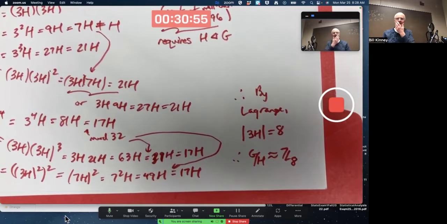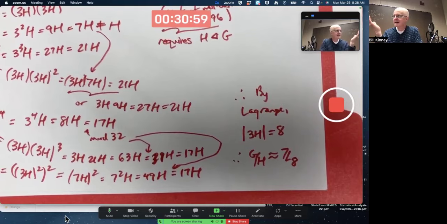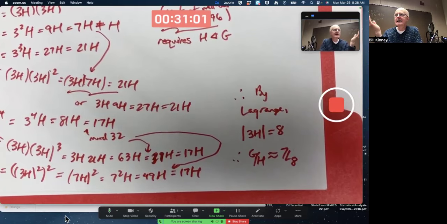There are only 3 possibilities for what the factor group could be. It's of order 8, and it's abelian. I haven't proved this, but I'm claiming there are only 3 possibilities. It could be the external direct product of Z2 with Z2 with Z2. Or it could be the external direct product of Z4 with Z2, which is not isomorphic to 3 Z2s.